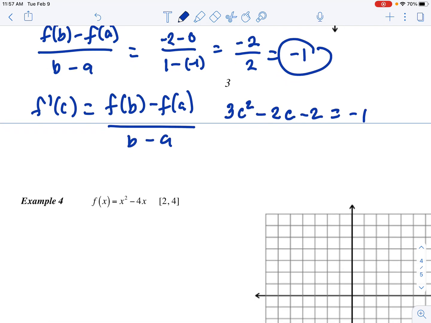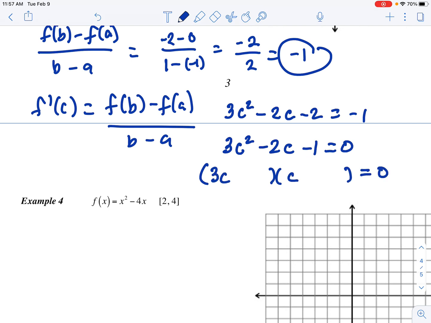We'll set that equal to 0: 3c squared minus 2c minus 1 equals 0. And we'll factor: 3c, c, 1 here, negative, positive.